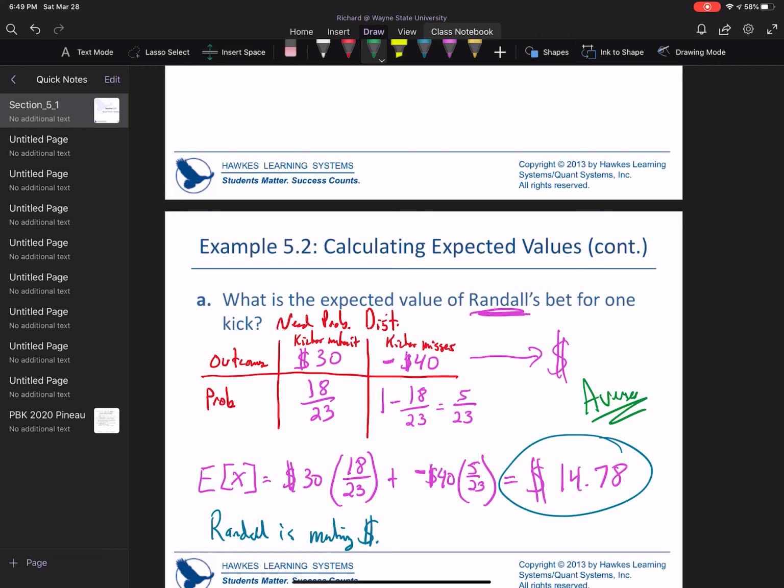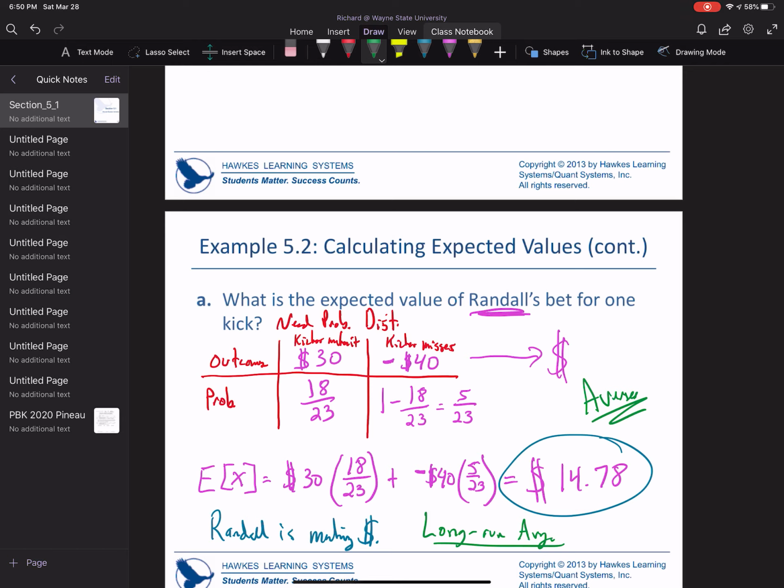So if this game is played many times, and Randall adds up his winnings and subtracts his losses, on average, he expects to walk away with $14.78. We sometimes call this a long run average.